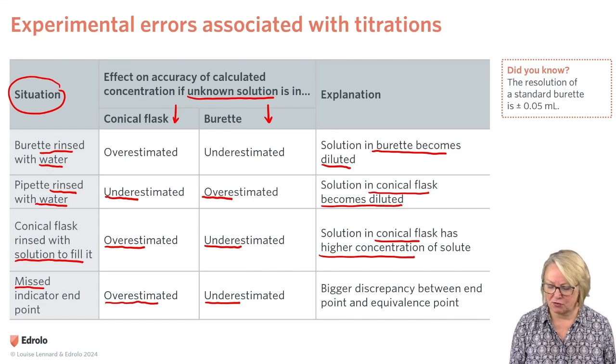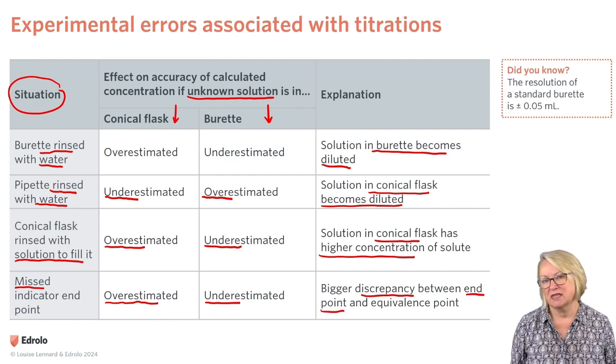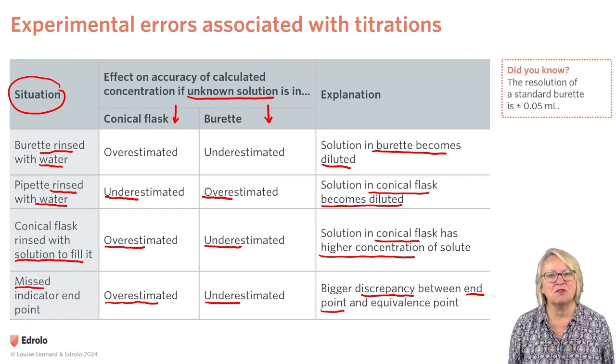because that means that you're going to have a bigger discrepancy between the endpoint, which is the colour change, and the equivalence point. So in a titration, often the first titer is overshot, or the endpoint of the indicator is missed. Too much of the titer from the burette is added.